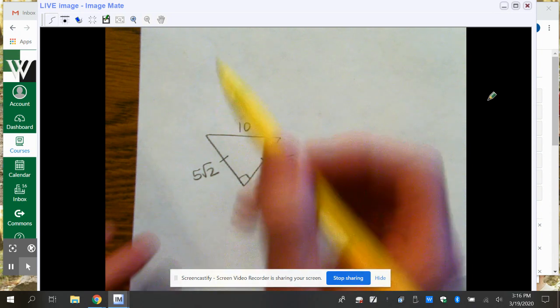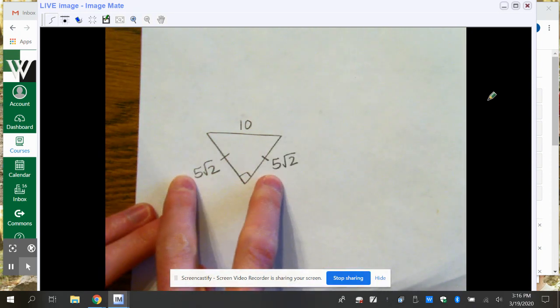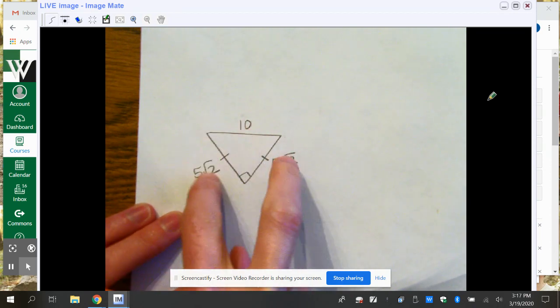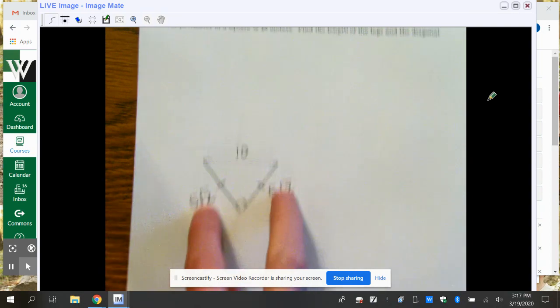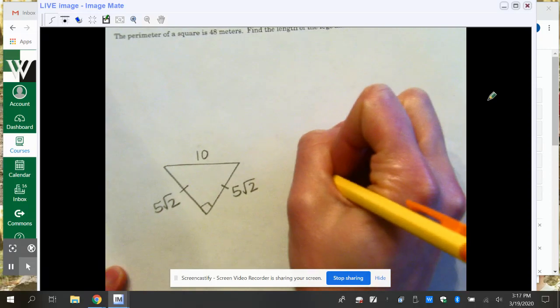So if this had been a 14, these would be 7 radical 2. If that were a 40, this would be 20 radical 2. So it's always going to be divided by 2 times the square root of 2. If it's an odd number, then your leg would just be a fraction.